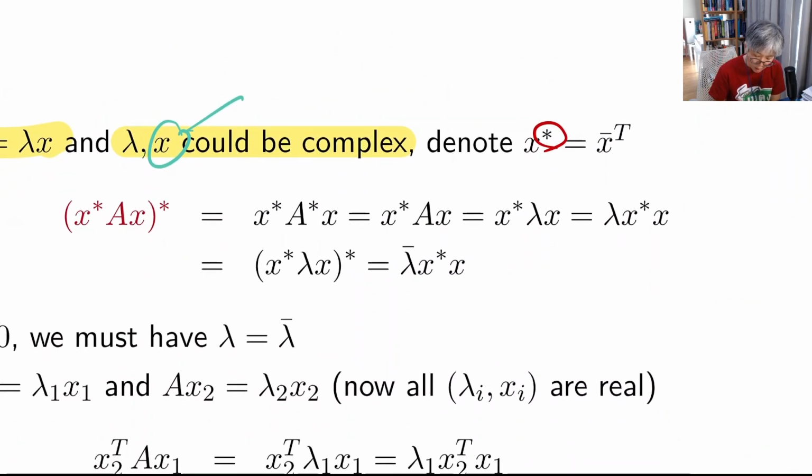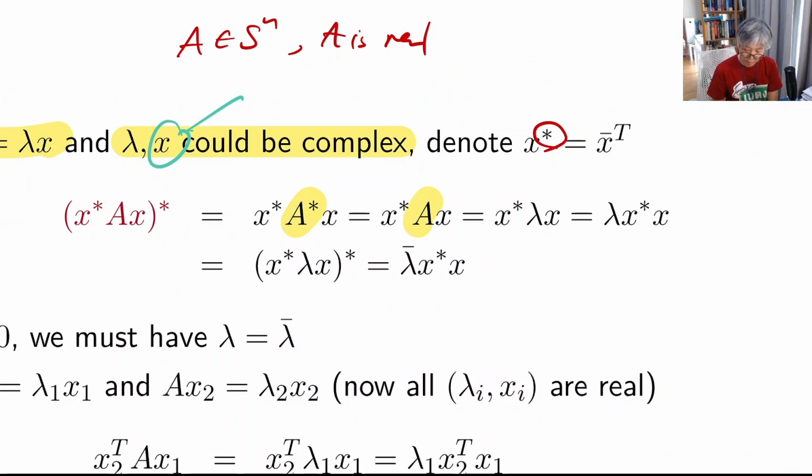Then after that, I make use that my A is symmetric and my A is real. So when my A is real, A star and A are the same. Okay. And because my X is eigenvector of AX equals lambda X. Okay. Lambda is just scalar. I put it aside. I put it in the front.